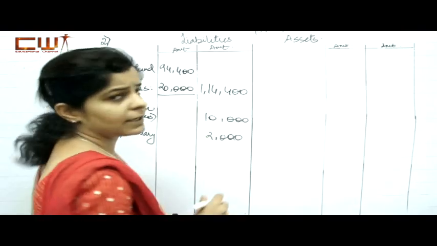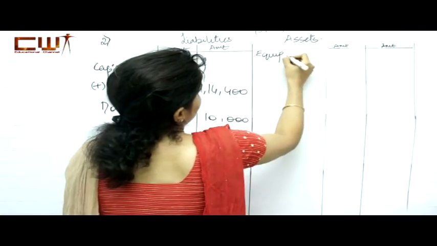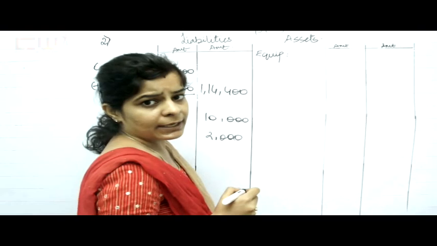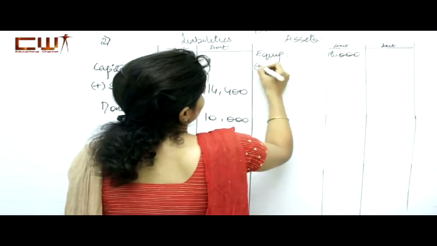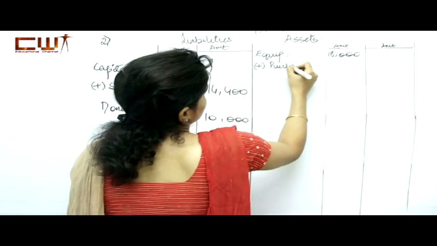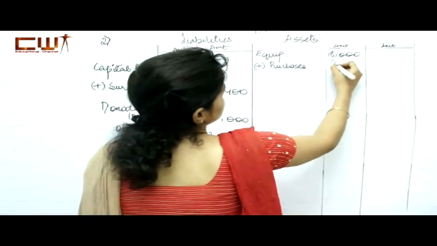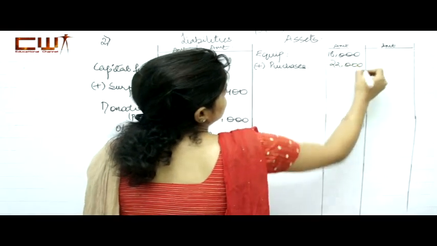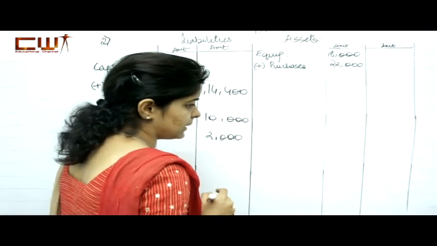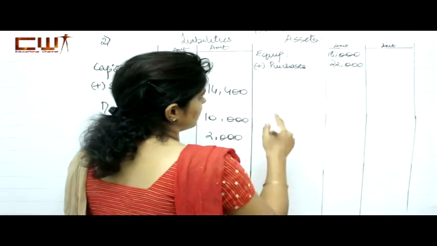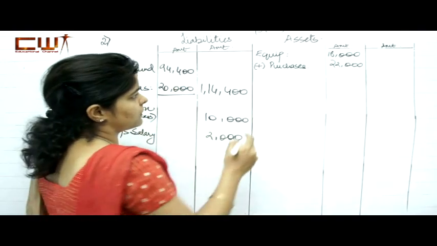Move on to the asset side. Equipment, how much equipment is given to you? 18,000 equipment is given to you. They have purchased also. So plus equipment that is purchased is how much? 22,000. That makes up to 40,000, right? They have given 15% on equipment depreciation. So 15%, that is on opening balance. Always remember.